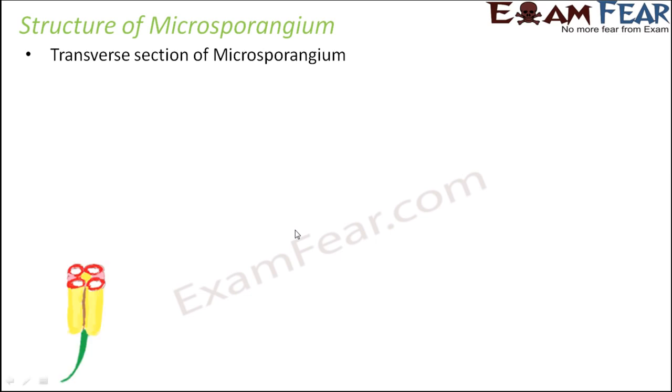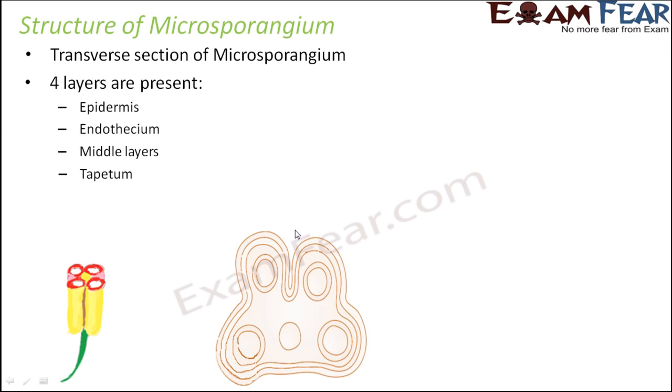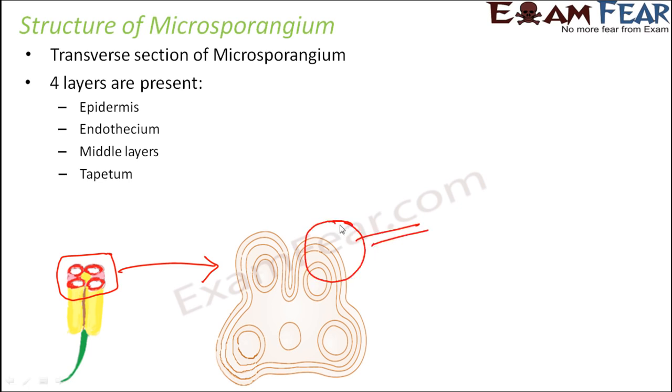So this is the overall cross-section. If you magnify it even more, you will find a structure like this. If you look at it very closely, you will see that there are 4 layers present around the microsporangium.